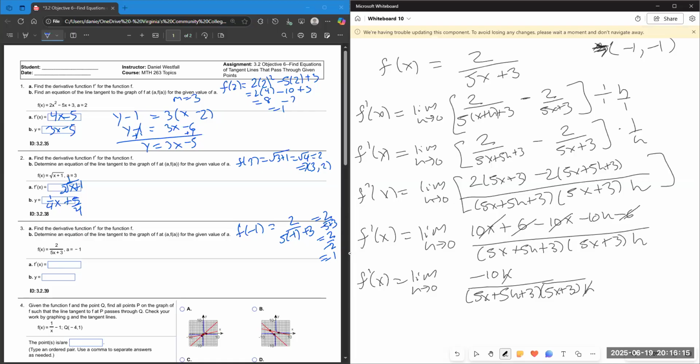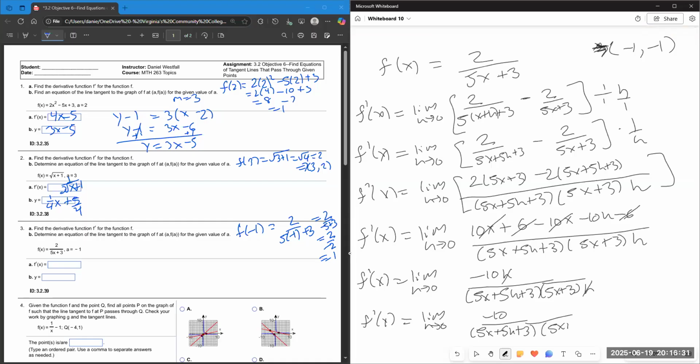Divide the h's out. f prime of x is the limit as h goes to 0 of negative 10 over 5x plus 5h plus 3 times 5x plus 3. h goes to 0. This becomes negative 10 over (5x plus 3) quantity squared.